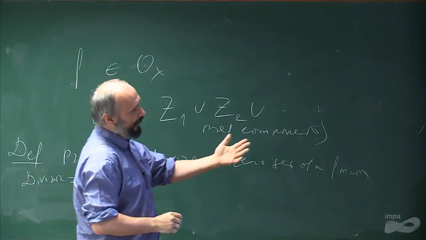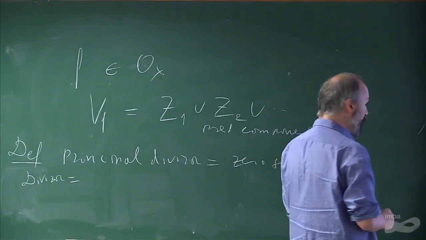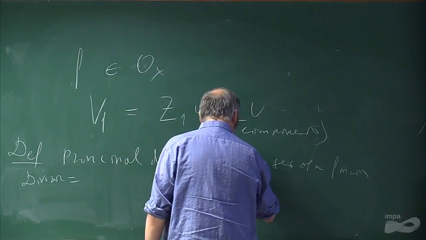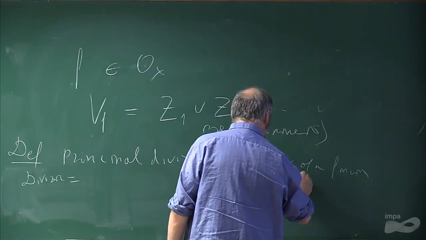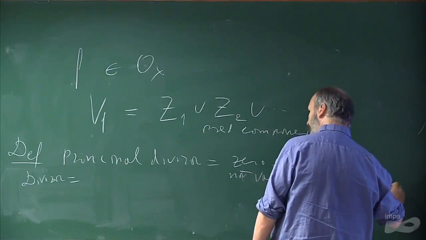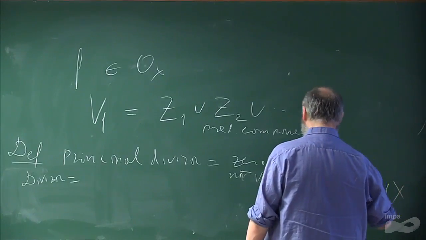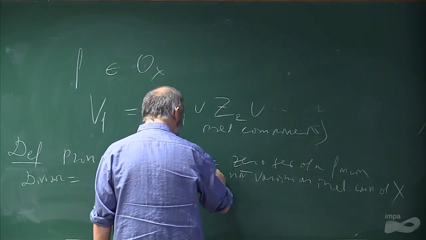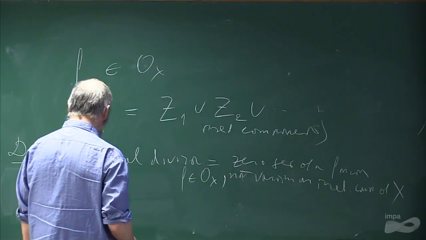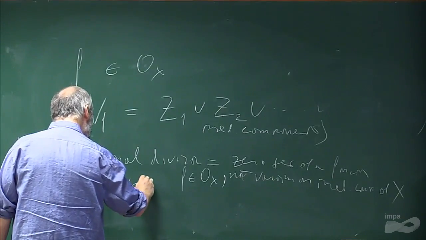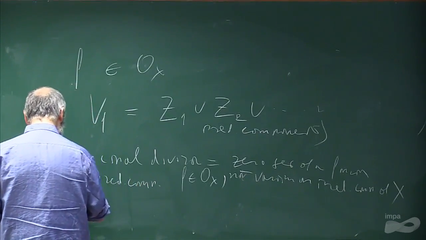Or you can say that you have a function not vanishing on irreducible components of X, so a function f which belongs to O_X and doesn't vanish on any irreducible component. And a divisor is an irreducible component of a principal divisor.